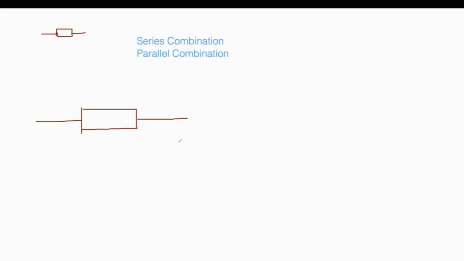And that positive, negative decides the direction in which the current can go. But a resistor does not have any direction. Current can flow like this, or in this direction. It doesn't matter. It will provide resistance to current flowing in any direction. That's why it is a bidirectional component.